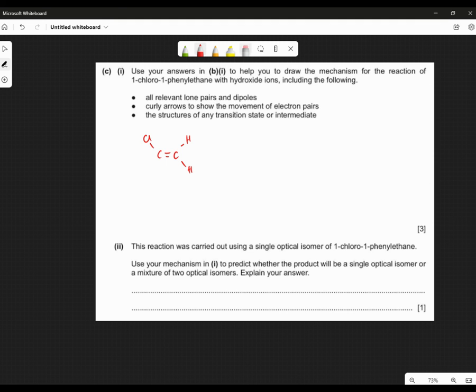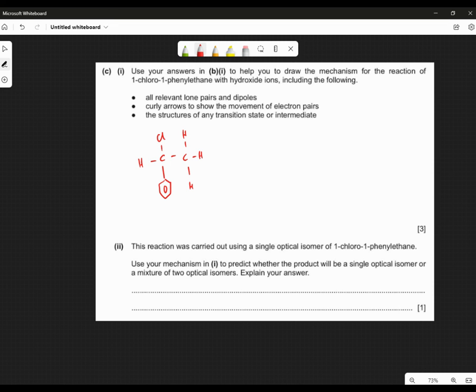Let's start again, sorry about that. It's based on an ethane molecule, and it's got 1-chloro. And what's the other one? 1-phenyl. There's a phenyl as well. And there you go.